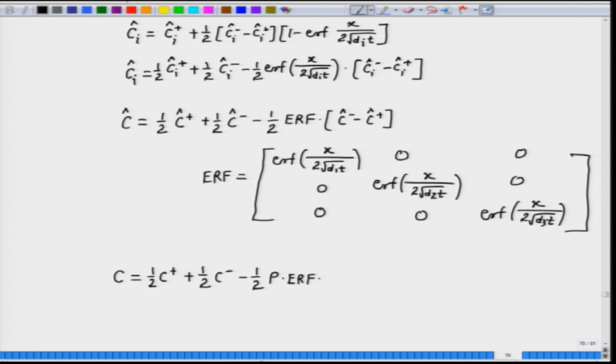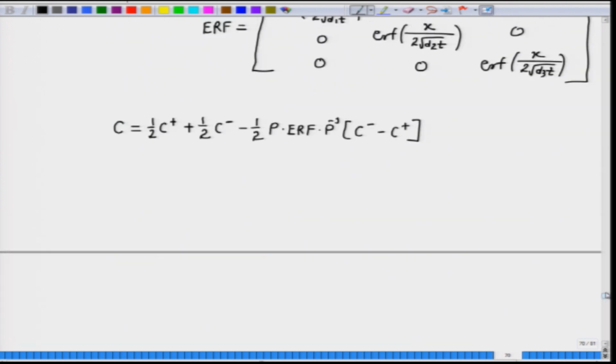So, what we get is P inverse times P, and if we pre-multiply that P with C cap minus and C cap plus, we get back the C minus and C plus matrices, times C minus minus C plus. So, this is the solution for all the concentrations in a multi-component diffusion couple.